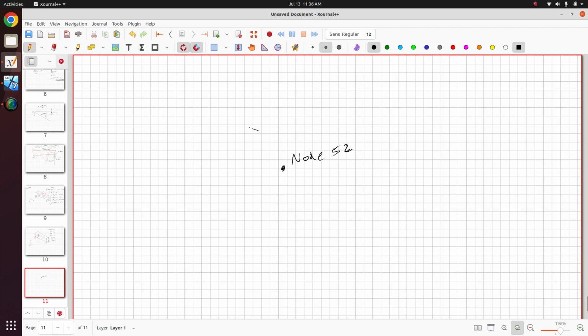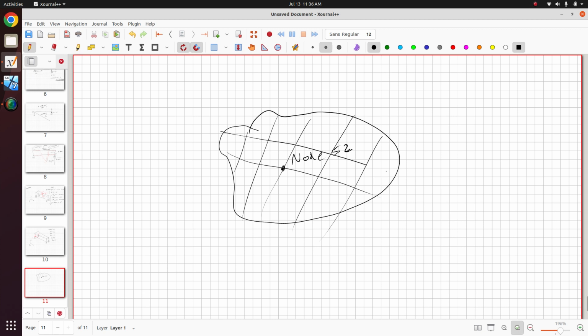What I do is I look at the surrounding area of the mesh. And then I ask myself, why is this a mechanism? So remember, there's motion with no deformation.